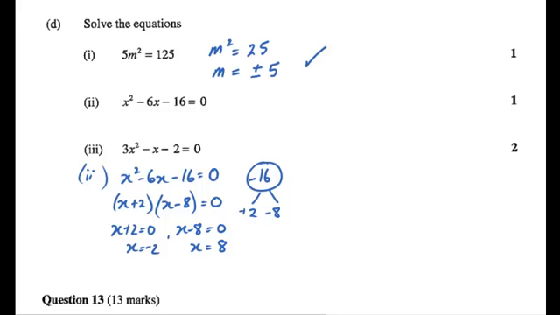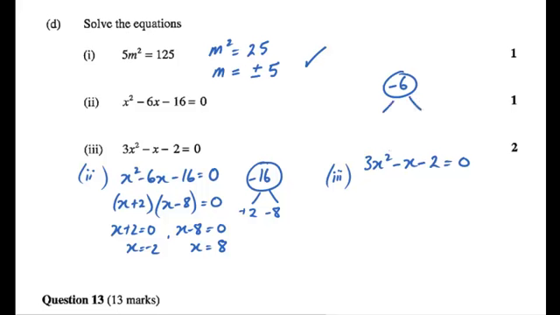And then part 3, another quadratic equation. Remembering in this one, if you've got a number in front, like 3x squared, then you have to multiply that 3 by the number at the end. So what we're looking for here is two numbers that multiply to give negative 6 and add to give negative 1.